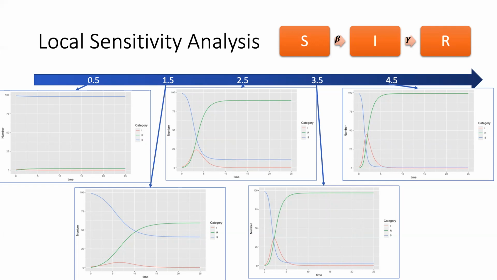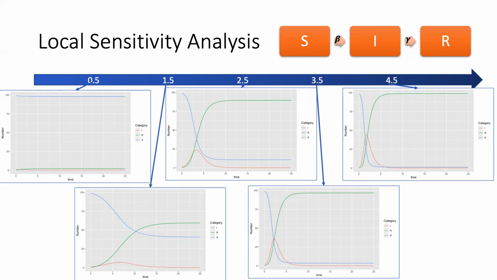Up to 2.5, oh, this is an outbreak. Up to 3.5, we're seeing a bigger outbreak, and it's a little faster, and the distribution time is a little tighter. Up to 4.5, it's even higher. So by changing beta from 0.5 up to 4.5, we end up with this wide range of outputs.